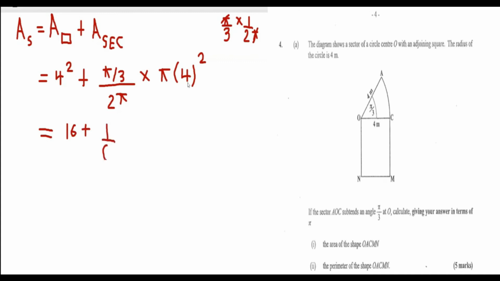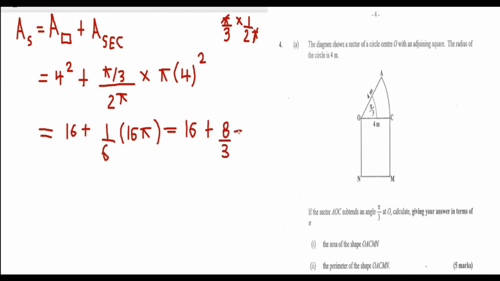That's 1 over 6 times 4 squared, which is 16, so it's 1 over 6 times 16 pi. Some people may want to simplify this: 16 over 6 divided by 2 is 8 over 3 pi.